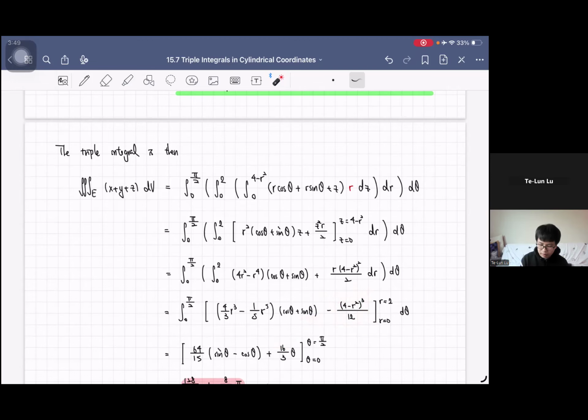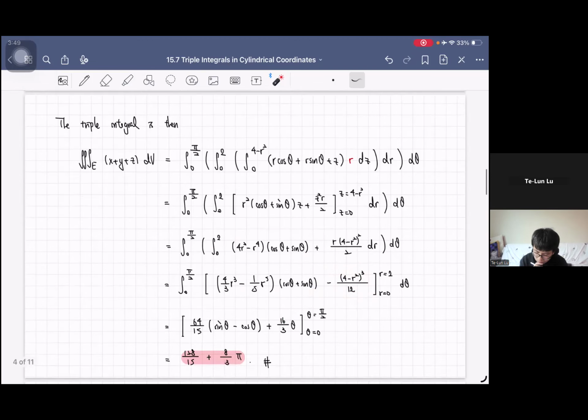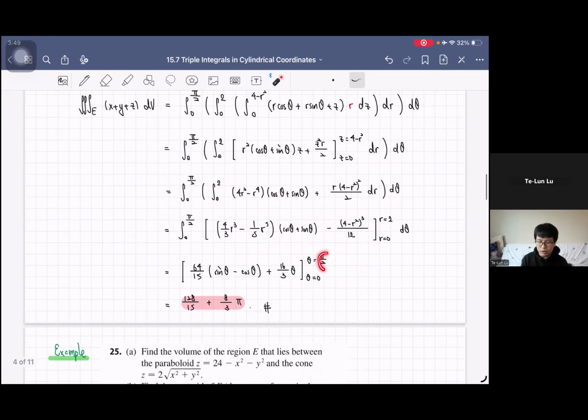And then you will get a constant here, where cosine gives you anti-differentiation sine, sine gives you anti-differentiation minus cosine, and this guy is just a constant, so you multiply that by d theta. Plugging in the 90 and 0 degree, the constraint on the first octant, first quadrant, you have this number.